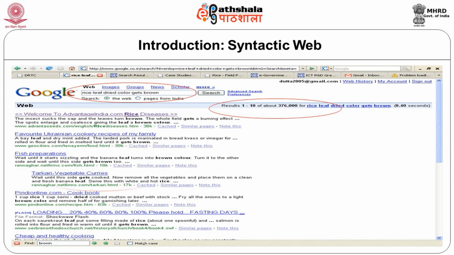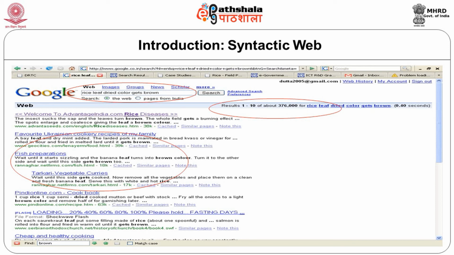The third one is fish preparations. So what does it refer to? The web we are using is mostly a syntactic kind of web. It goes by matching the keywords that we put in the search box and accordingly retrieves documents. This gives us a hint that a lot of improvement is needed in terms of semantics.